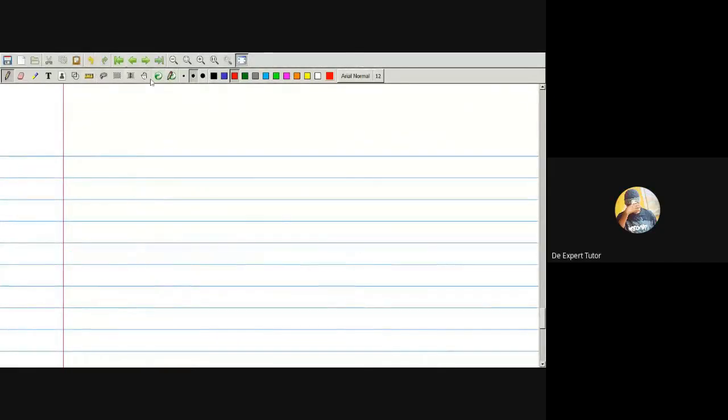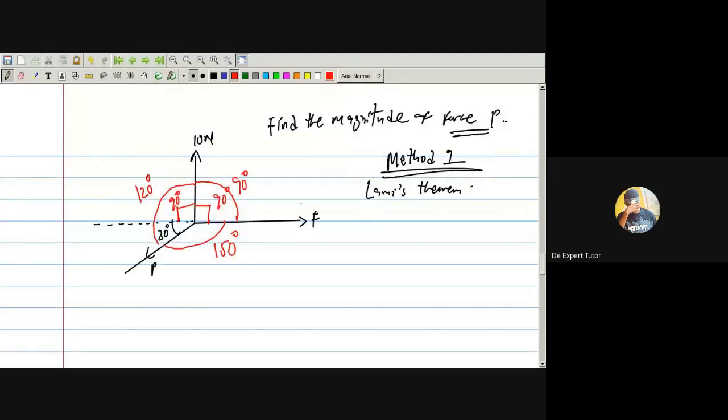So that's what we want to do now. This is a force 10 Newton over sine of the angle facing 10 Newton, that's sine 150. Then equal to force P that you are looking for, P divided by sine 90. Then equal to F over the sine of the angle facing F, which is 120.